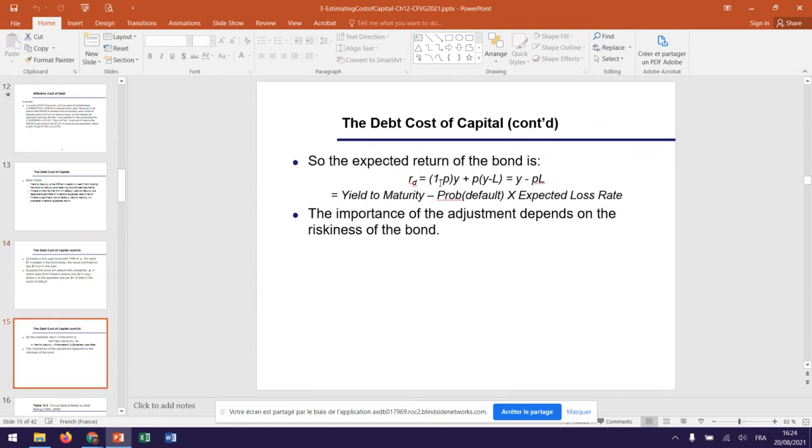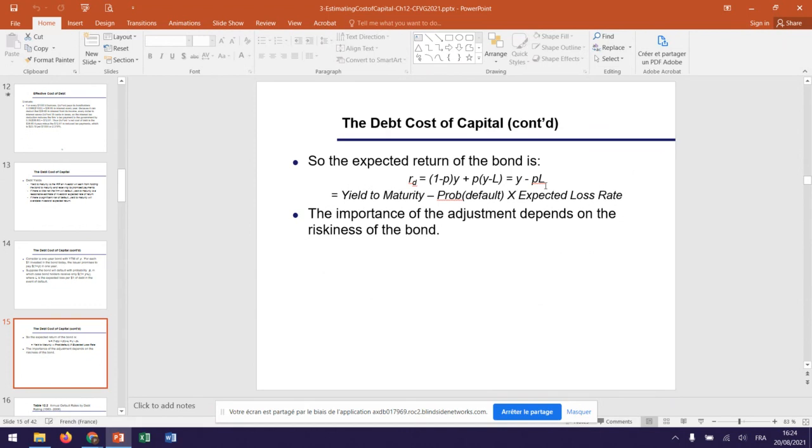If the bond defaults, I get Y minus L, multiplied by P. If the bond does not default, I get the yield completely, multiplied by 1 minus P, and then I solve this equation and get Y minus PL. So you can see that RD should be equal to Y minus PL. This is the formula to estimate the cost of debt capital.